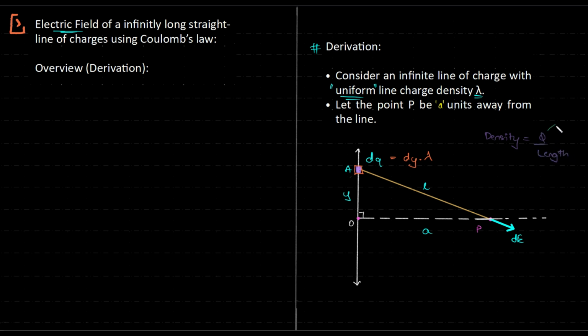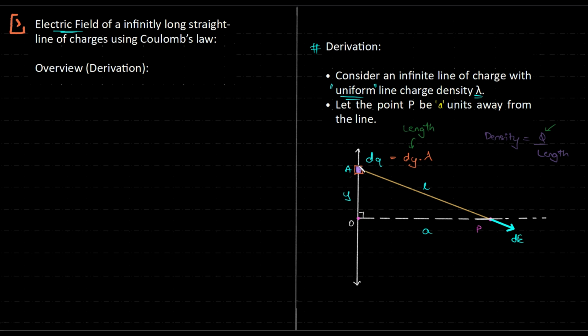Now, if I want to find the charge, I have to multiply density and length. As simple as that. And the length over here is a small length. Remember, this is the length, and that's your charge density. Right? I hope this is clear.